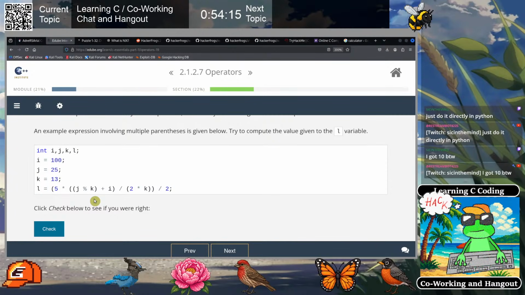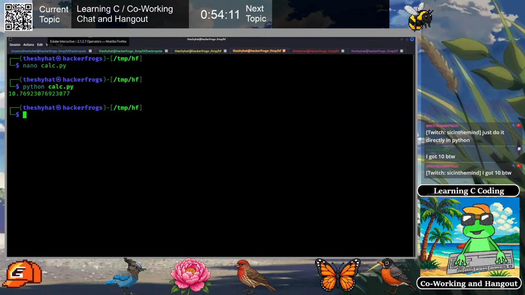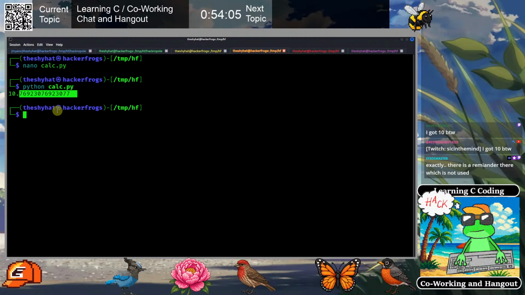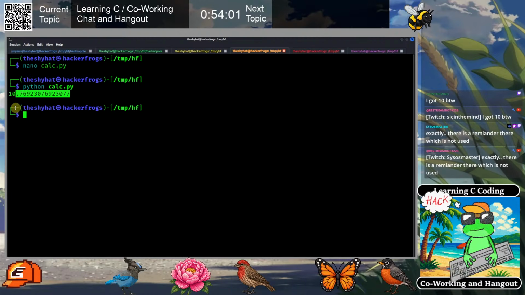Just do it directly in Python. When we did it in Python, Python gave us 10.7. Oh, although I guess because we're doing integer calculation, we just drop everything after the point.